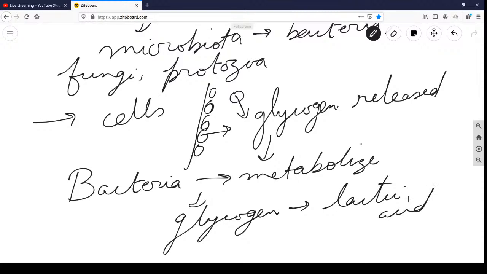Glycogen is first broken down via glycogenolysis, you get glucose residues, then glucose to pyruvate, and pyruvate to lactic acid via glycolysis and then anaerobic reduction. That is anaerobic reduction only.